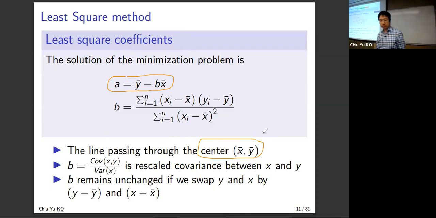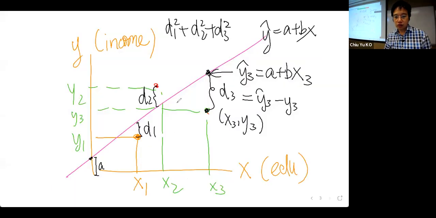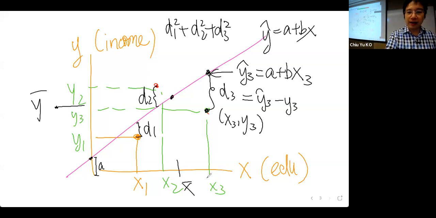What does that mean? X bar, Y bar is the center of data. The best line would be passing through the point where you calculate the average of X, giving X bar, and look at the average of Y, giving you Y bar. X bar, Y bar is the center of data, and the line always passes through the center of data.